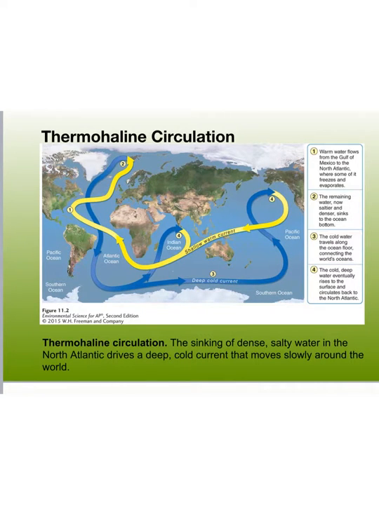So in this picture, you can see that warm water is flowing from the Gulf of Mexico to the North Atlantic, where some of it freezes and evaporates. And then the remaining water, now very, very salty and dense, sinks to the bottom of the ocean. And then that cold water traveling along the ocean floor, which basically connects the entire world's ocean and is very, very deep, will eventually rise to the surface and circulate back around to the North Atlantic.